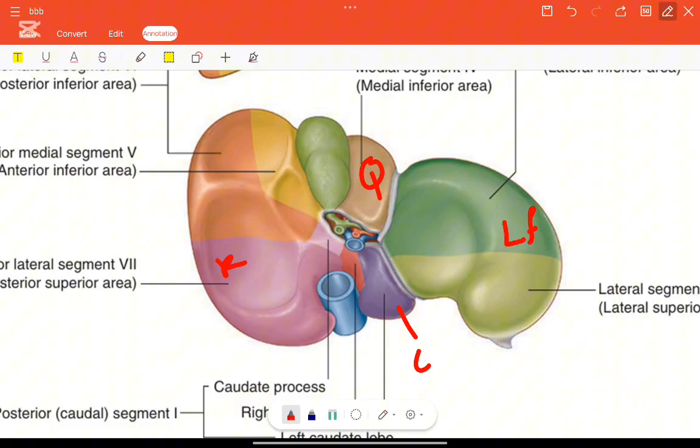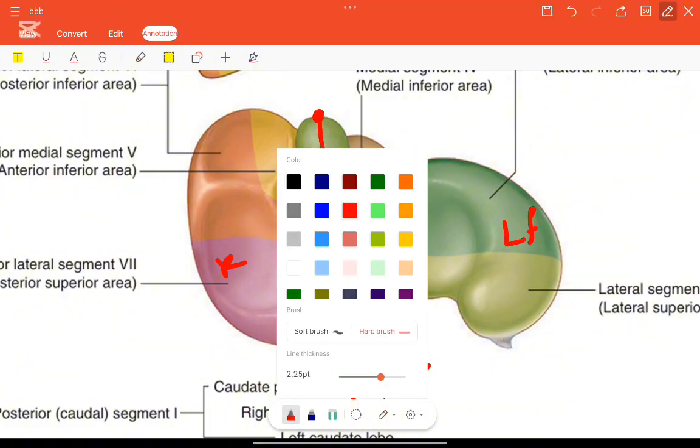Now, we will take an imaginary line starting from the fossa of the gallbladder and moving to the inferior vena cava at the level of the middle hepatic vein. We know that the liver is drained by three veins: right, left, and middle.